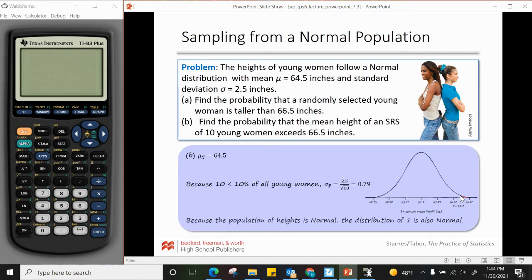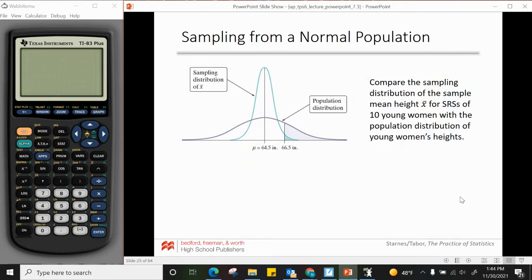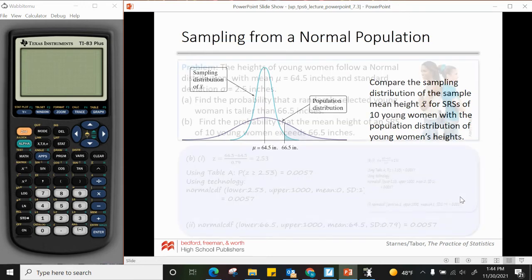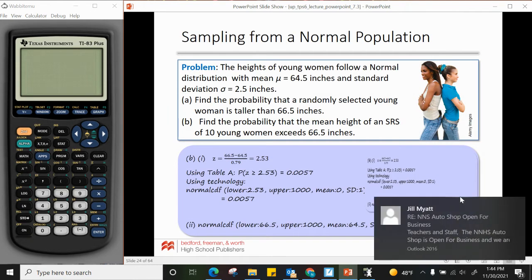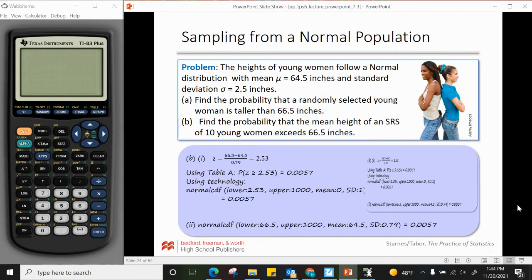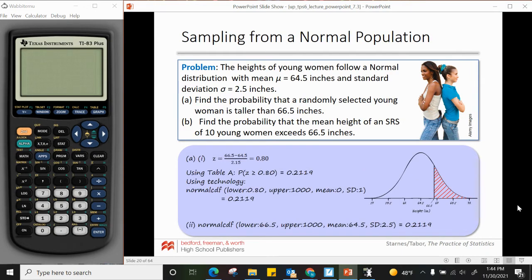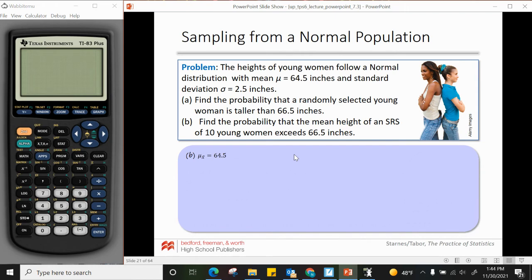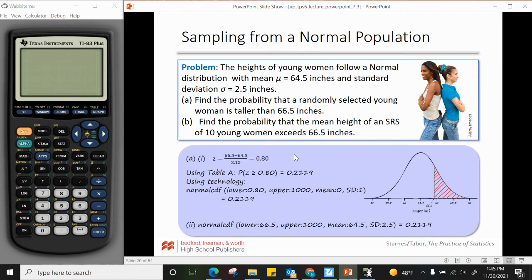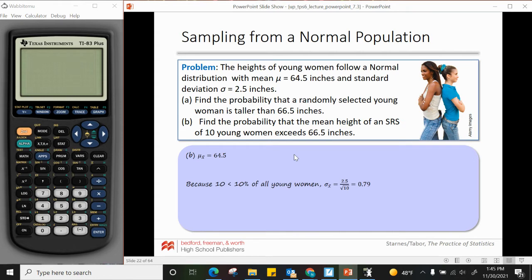Now looking at that sampling distribution of a normal population, the reason those differences occur is that your standard deviation is different. My standard deviation for X bar is 0.79, and up above in part A, my standard deviation is 2.5.